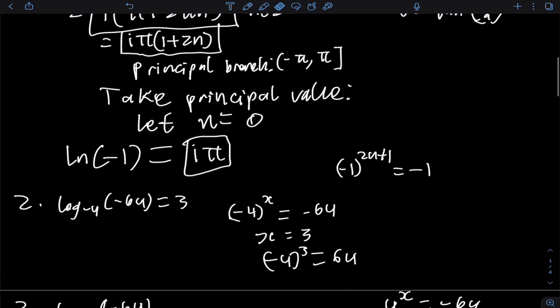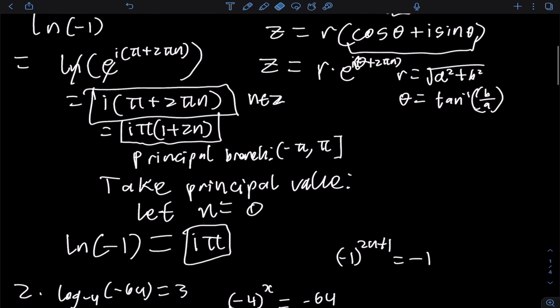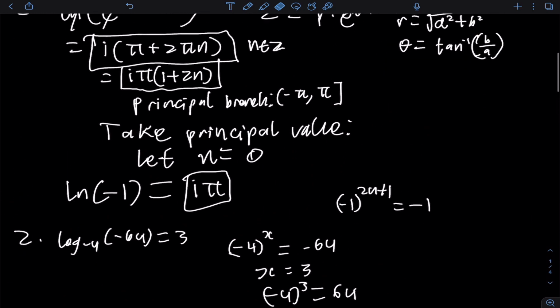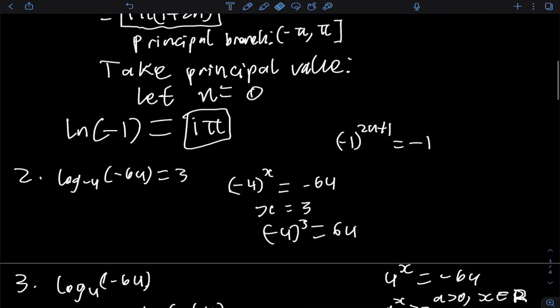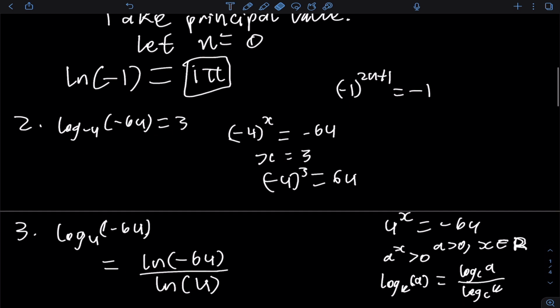Now we also introduced the idea of branches, which hold different values of a multivalued function. The principal branch is bounded by -pi to pi, and taking the principal value is when the argument is in that interval. And we saw that with the case of natural log of -1, that would be I pi.